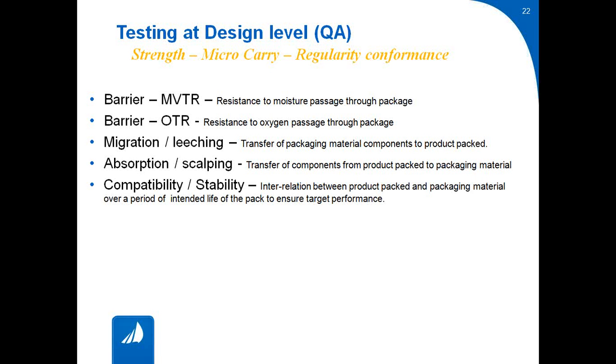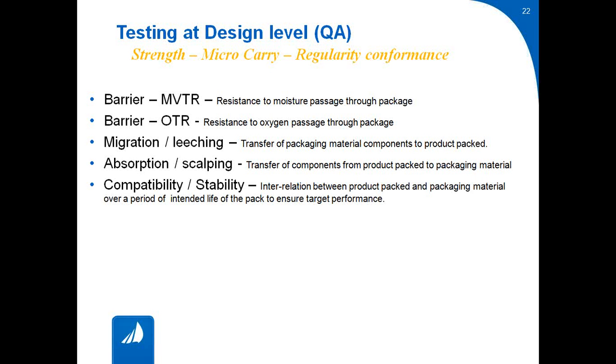Then there is something called migration and leaching, which is extremely important for food and pharma products, where if the packaging material allows some of its contents to come into the product pack, which is a food or a drug, then it is bad. It cannot probably be absolutely zero, but it has to be within a particular limit which has been established, so it's safe to use.